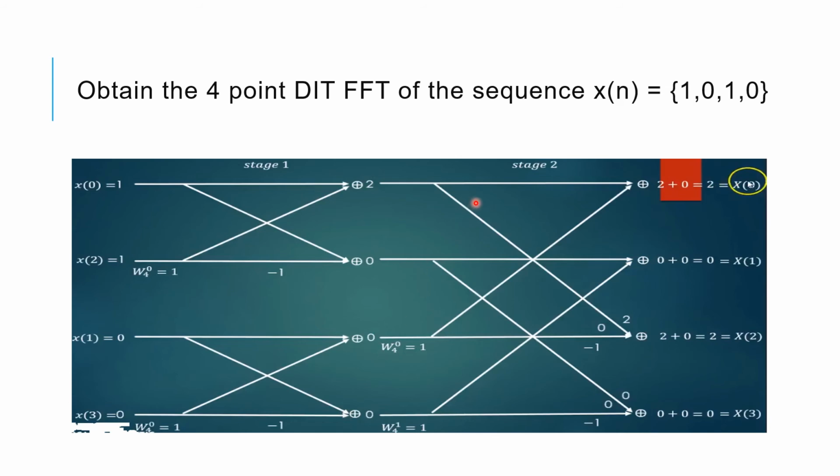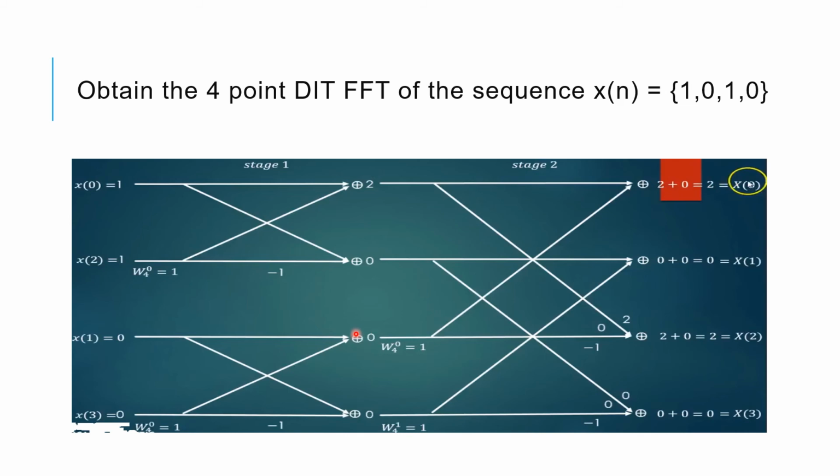Okay. So the outputs of this stage 1 are the inputs for stage 2. So 2 goes directly. Here it is 0. What are the Twiddle factors that have to be used here? It is only 0 and 1. So W4 to the power of 0 and W4 to the power of 1. We have already known these Twiddle factors, or if not, you can calculate them. So 0 into 1 is 0. 2 plus 0 is 2. The next line 0 plus 0 is 0.